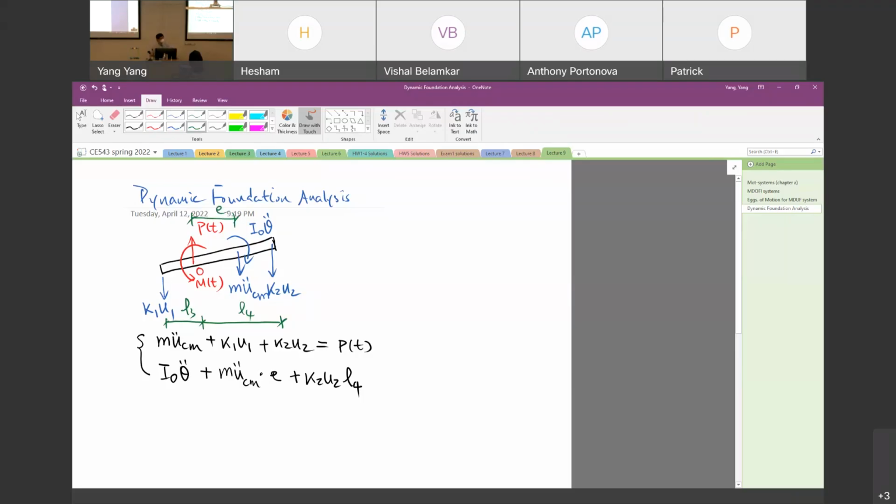So we also need to consider the moment arms. And we have K1U1, that's minus times L3. Please keep in mind that the other forces also exert moment.